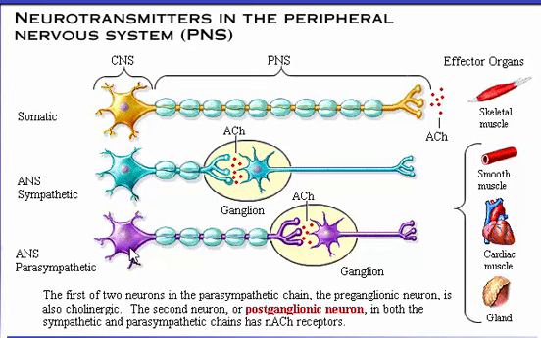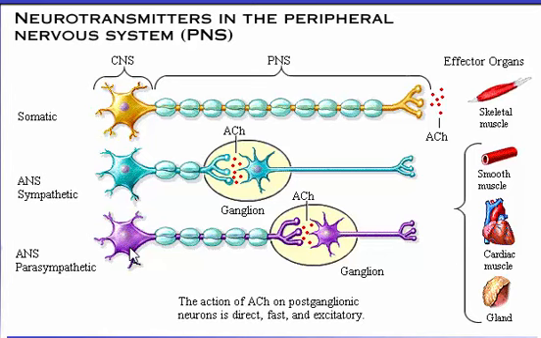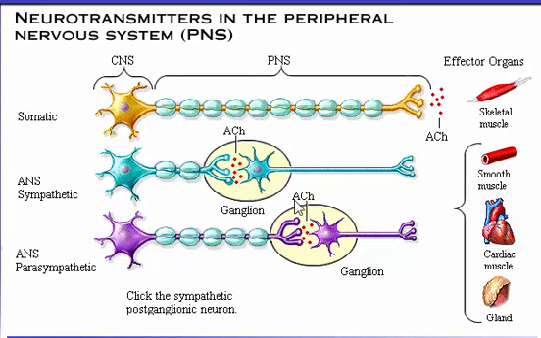Click the sympathetic postganglionic neuron. Sympathetic postganglionic neurons release norepinephrine. They are adrenergic. Click the parasympathetic postganglionic neuron.